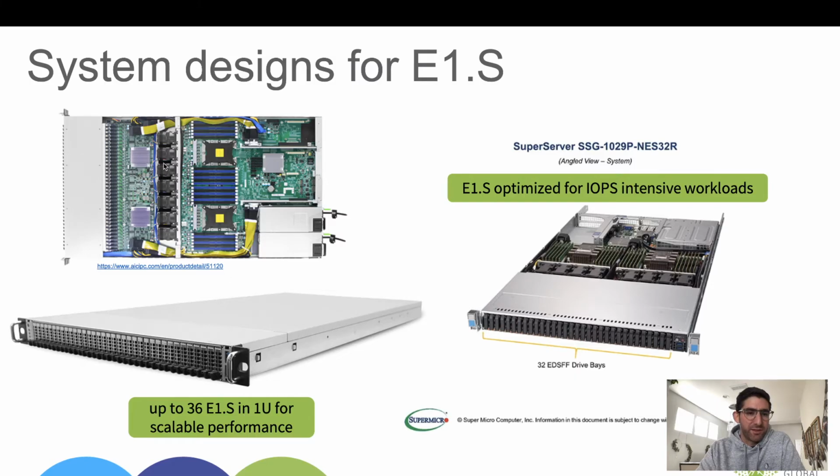You can see the CPUs here and the PCIe lanes routed directly to the backplane, and the switches over here. So this is a super high performance system, 36 E1.S drives in a 1U. Same thing, this is an example from Supermicro just on their website that I grabbed, but they have 32 E1.S across the front of the 1U chassis. So extremely high performance servers.